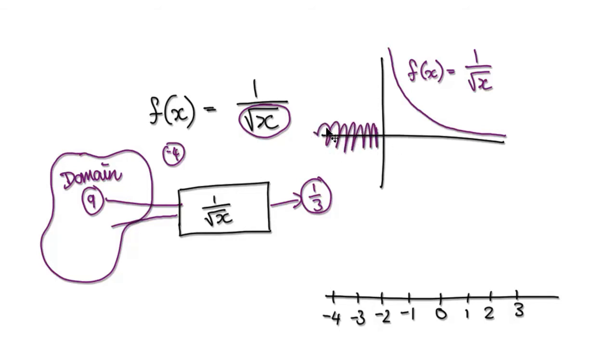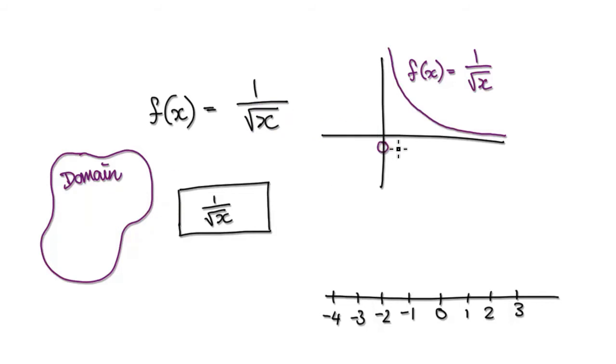So you can see that it seems like you can't put any negative numbers in there. The next question is, can you put dead on 0 into the machine? Can I put the number 0 into the machine? You see, you can square root a 0. That's okay. When you try and square root a 0, it will give you 0. But then when it comes to 1 divided by 0, it breaks down. So if you try and put a 0 into the machine, the square root bit is okay.